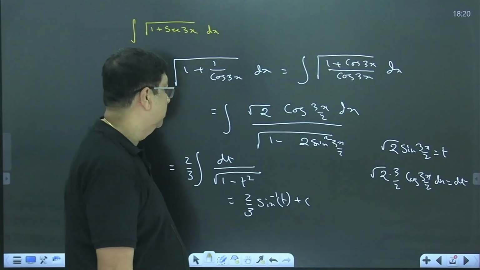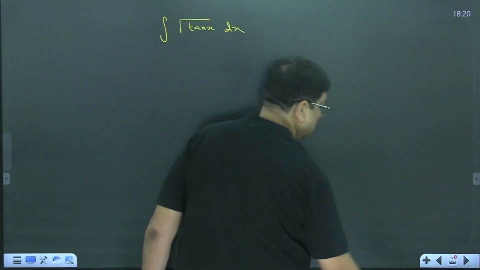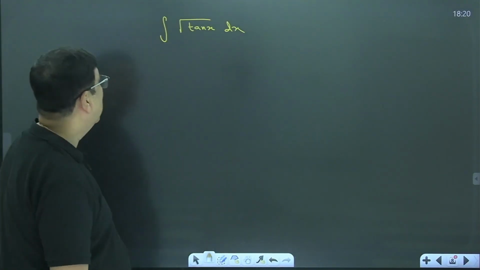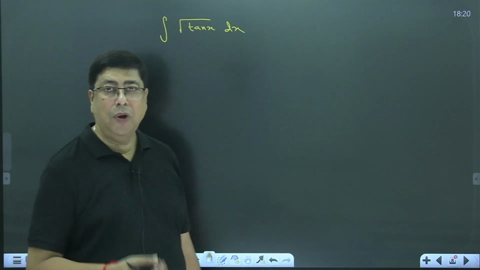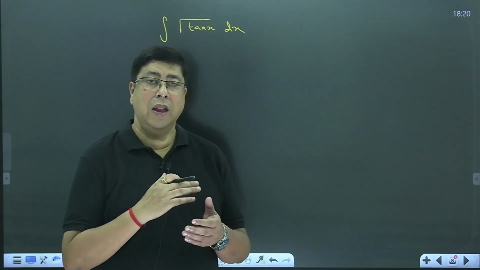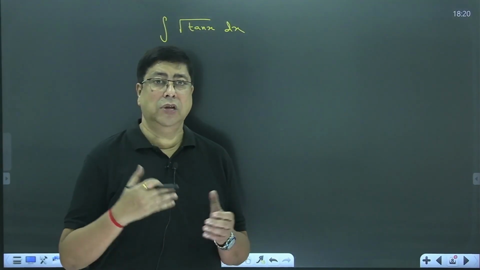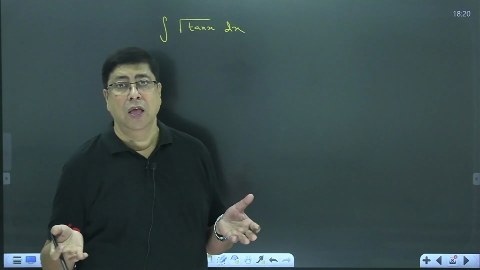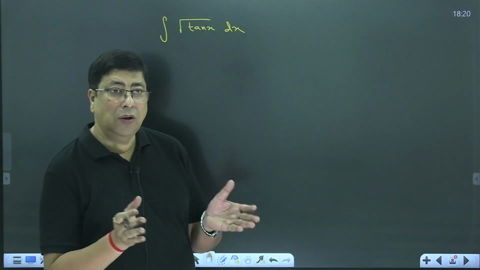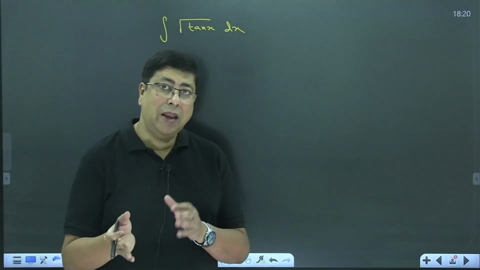Next, root tan x. This is a very popular integration, and a number of times it came in previous entrance examinations, just with respect to root tan x, with just calculation with root tan x, the method of root tan x also.